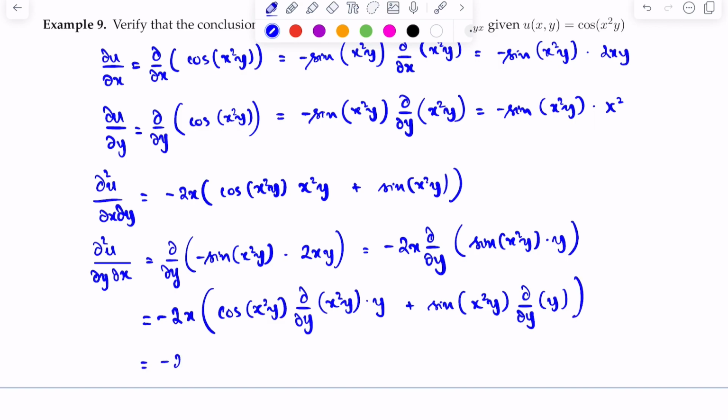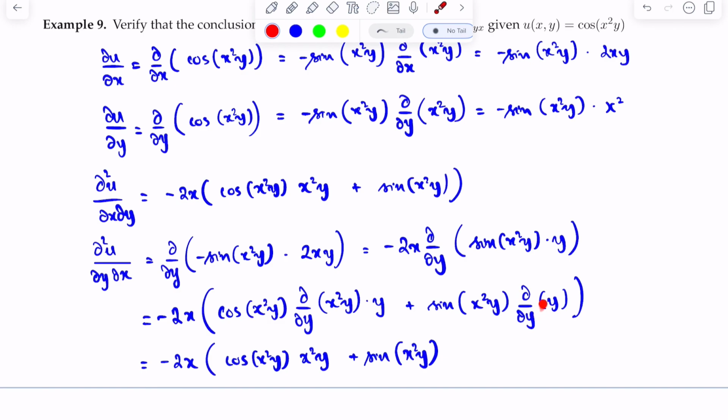And you get negative 2x times cosine of x squared y, partial derivative of x squared y with respect to y, you get x squared, and y, this y is coming from the second function, plus sine of x squared y times the partial derivative of y with respect to y, this is going to give you 1, and that is the answer.